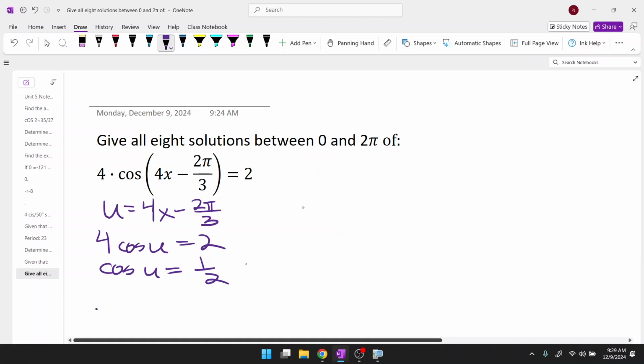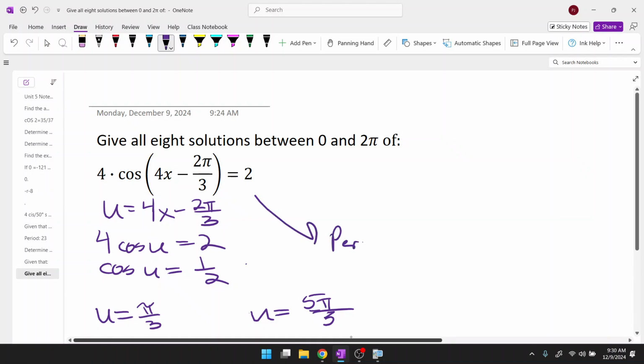So basically, you'll have it at pi over 3, and what's the other one? 5 pi over 3. Now, as I said, I will tell you the number of solutions that you'll be looking for in this case. It'll be 8 in this case here, so let's keep this in mind here.